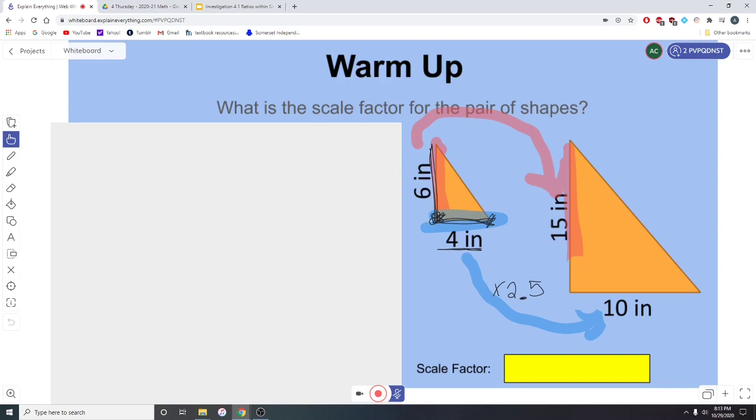Well, we know that 6 cannot fit into 15 perfectly, but let's see how many does fit in there. We can go from here to here. Let's pretend that's 6. Obviously, 6 is not going to cover the whole thing, so let's add another 6.